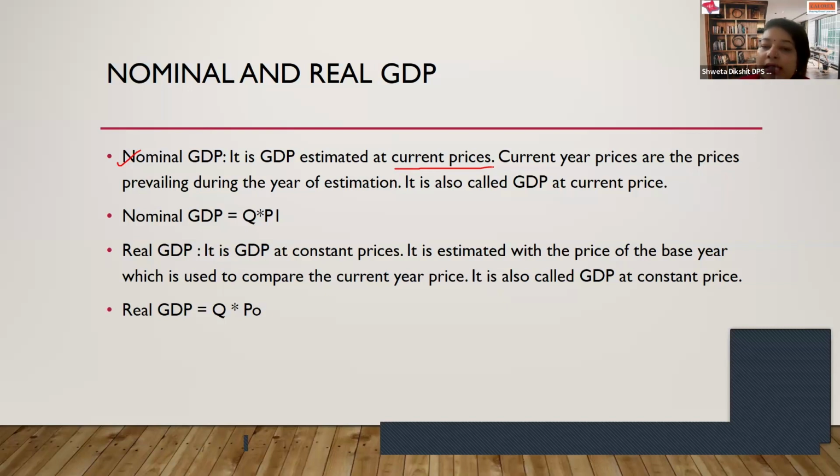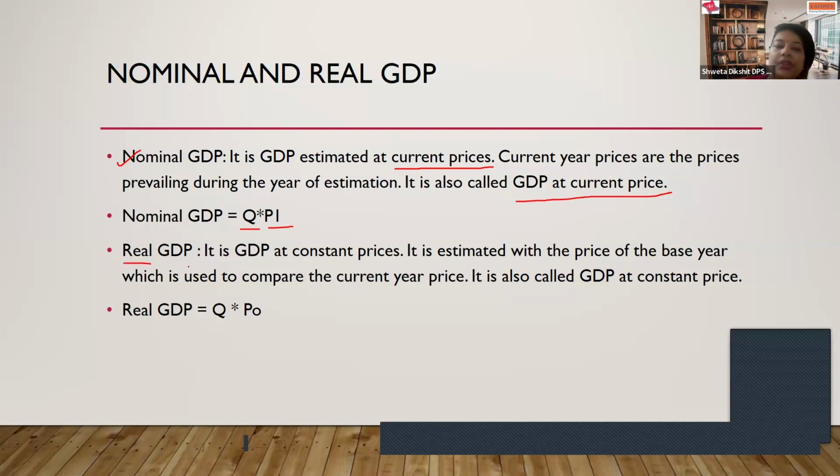That's why it is known as GDP at current year prices as well, because it is measured with the help of the current price. So to find out nominal GDP, we generally multiply the quantity with the current price, P1. You remember index number you studied in class 11th, P1 is the current year price.